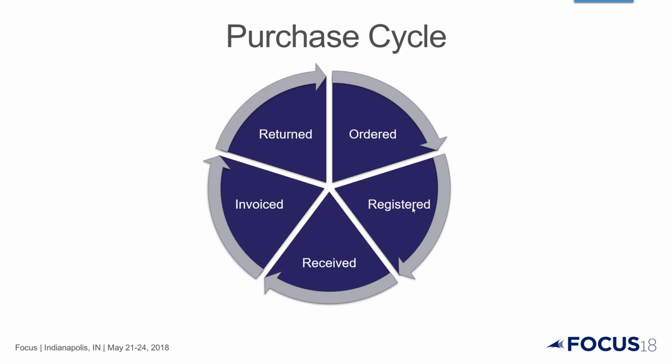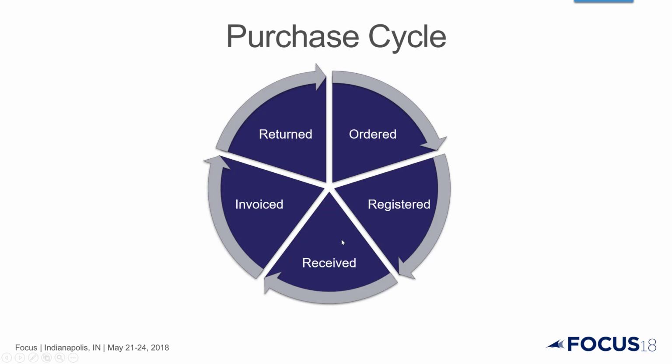Receiving means when it's received, it should be in the location that you put it in. Registered goes to a dock or something like that that says it's here. And that's where the differences are. So register is not required, but it is a transaction that's acknowledged.